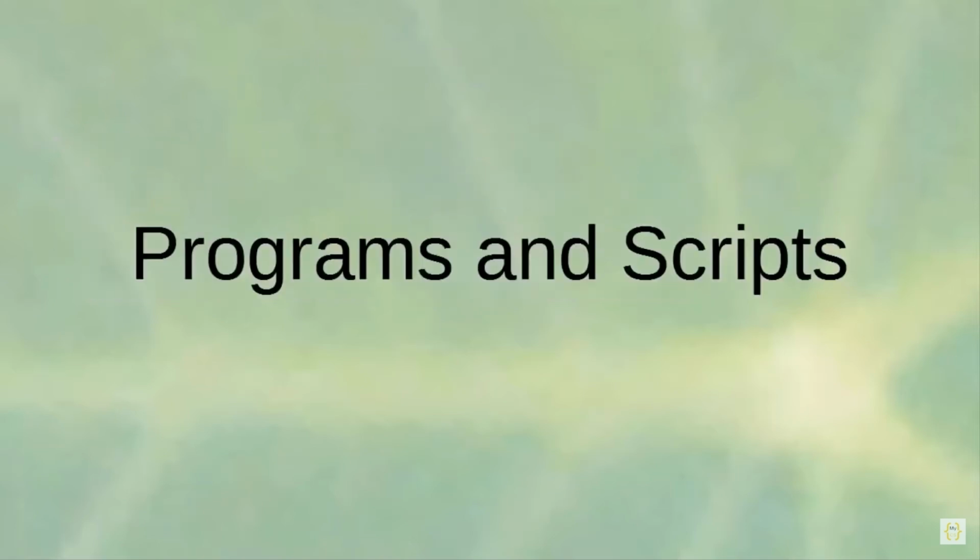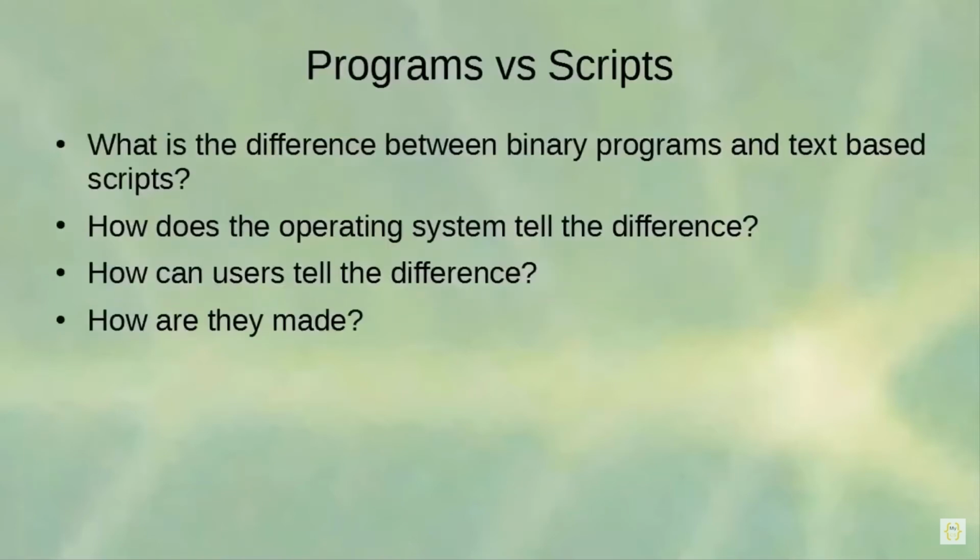Programs and scripts. So what is the difference between binary programs and text-based scripts? Well, binary programs are basically programs that are files made out of machine code, not human readable. And then text-based scripts are human readable programs.